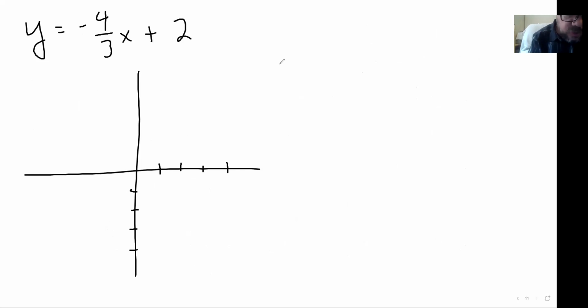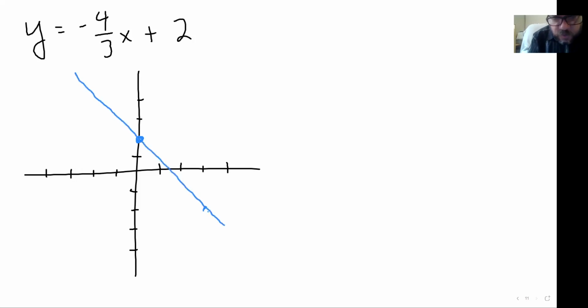That means I'm going to go from my starting point, which is my y-intercept in this case, right 3 and down 4. So let's do this in blue again. 0, 2, that's my y-intercept there because the b is 2. Then I'm going to go right 3 and down 4. So right 3, 1, 2, 3, and down 4, 2, 4. Down to here, like that.